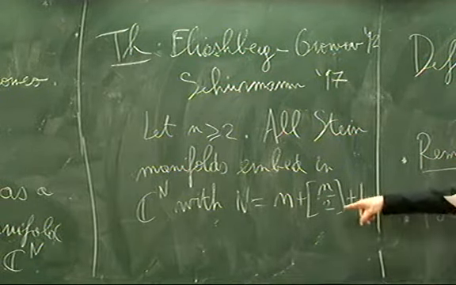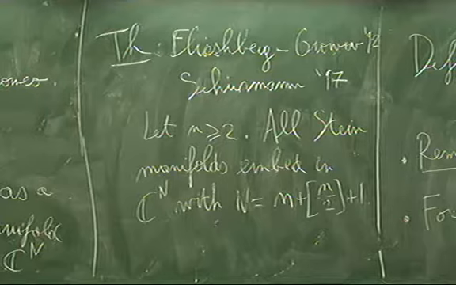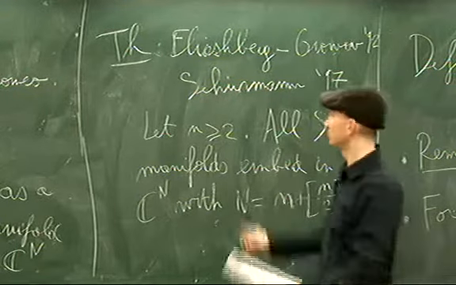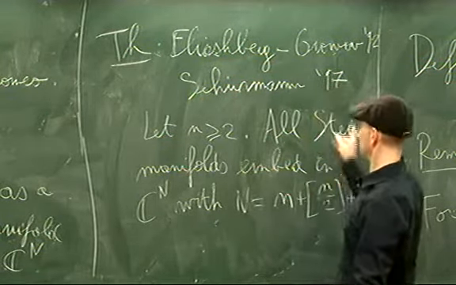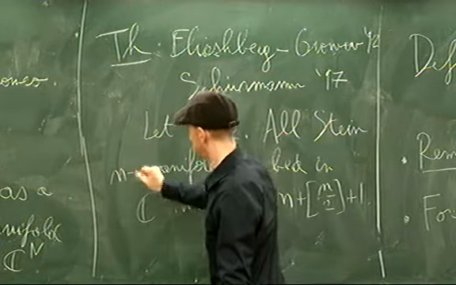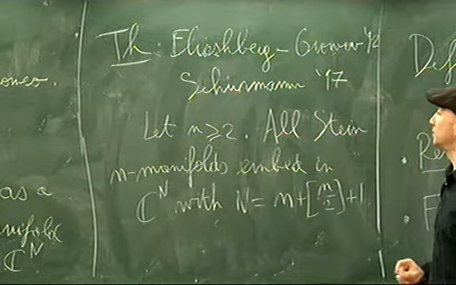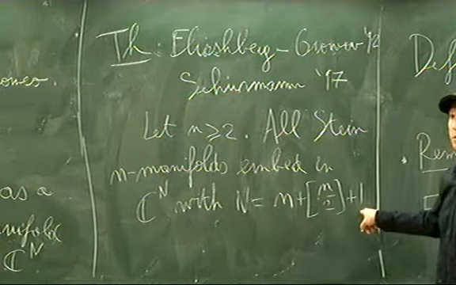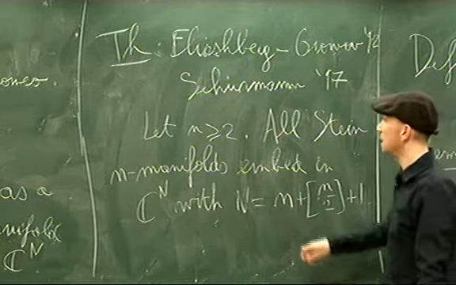And this capital N is optimal. Here n is the dimension of the Stein manifold. So all Stein n-manifolds embed into this, and this is optimal.